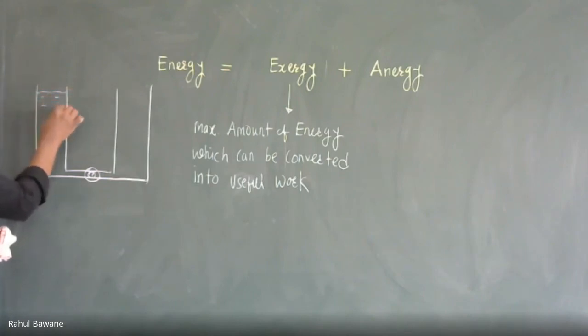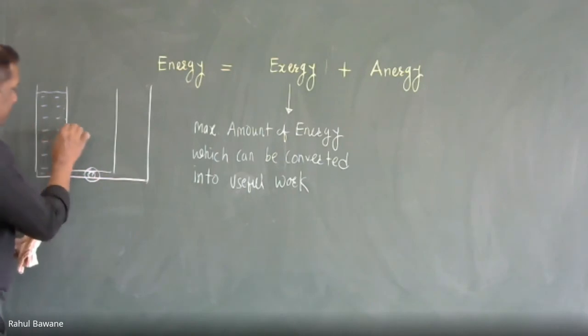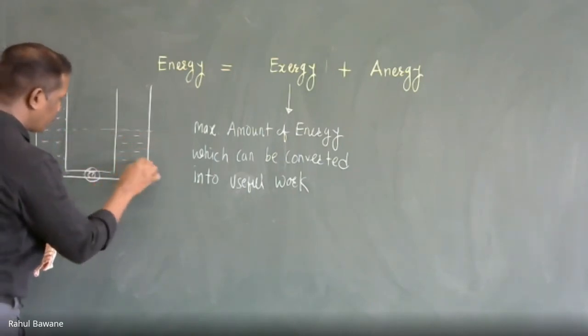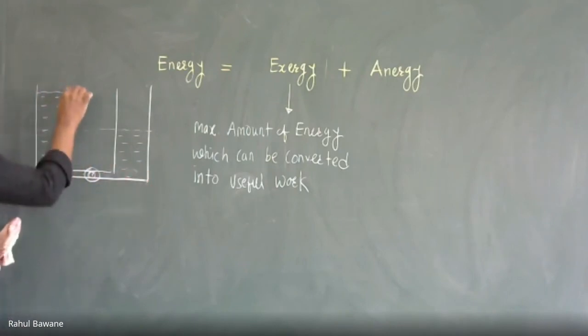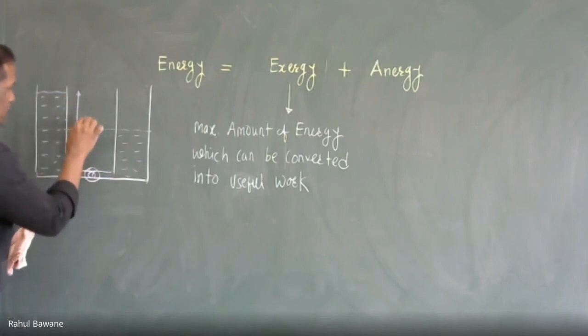Maximum possible conversion is possible when both levels are the same. So this is the maximum amount possible, because at this level it reaches the dead state.